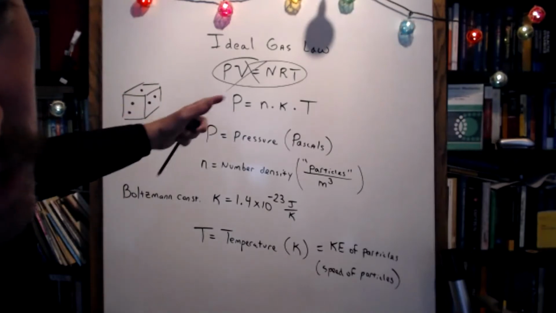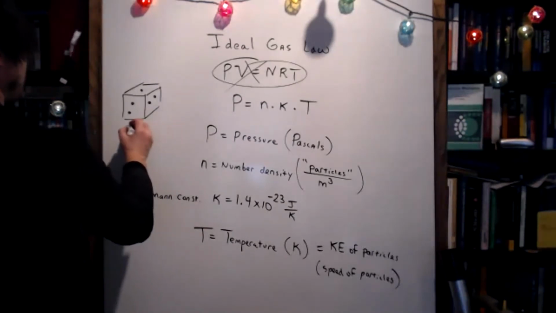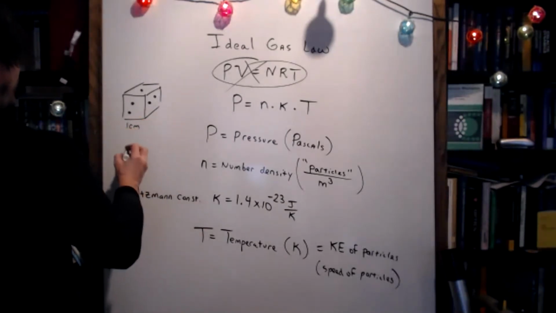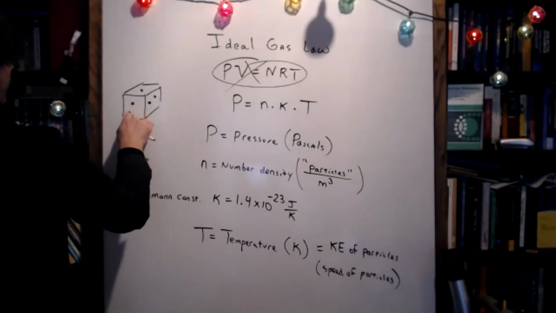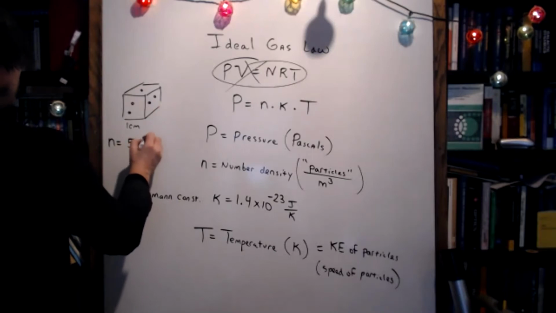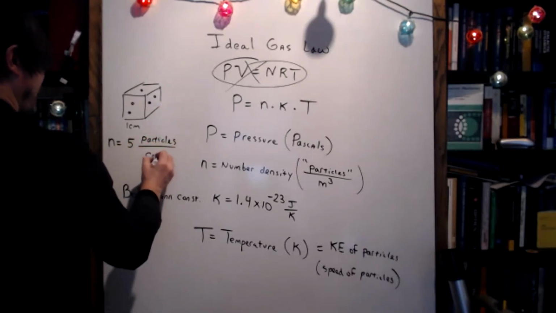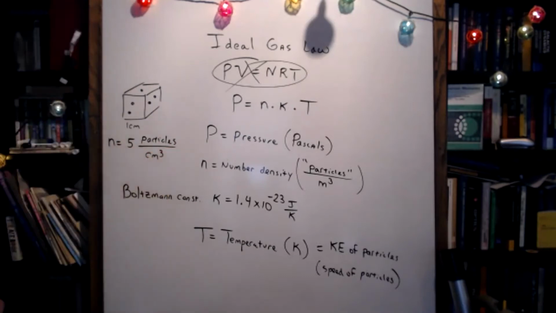A cubic meter is kind of big, so I'm going to work with a cubic centimeter. Let's say this is 1 cubic centimeter, and I've got 1, 2, 3, 4, 5 particles in my box. That would mean I have 5 particles or 5 atoms per cubic centimeter.